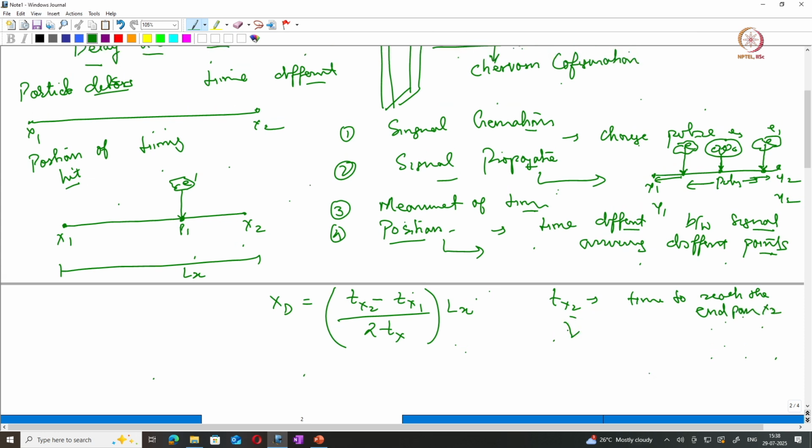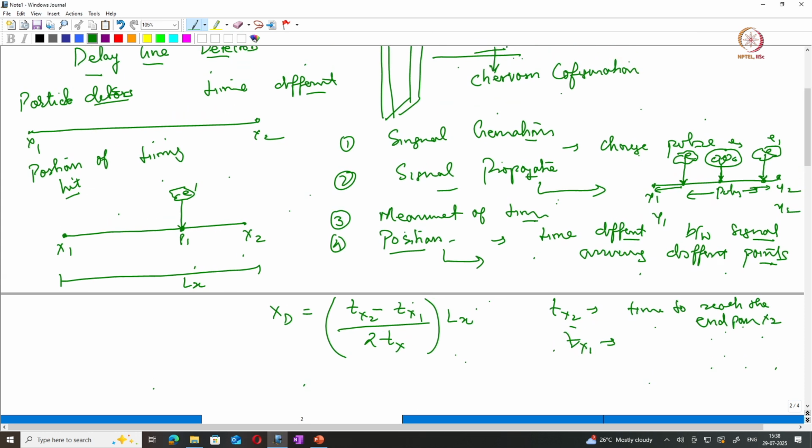Similarly, Tx1 is the time to reach the end point x1. Tx is the total time along the line, and Lx, as I told you, is the physical length of the wire.